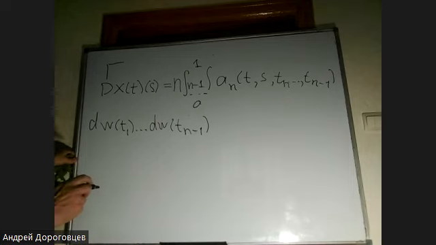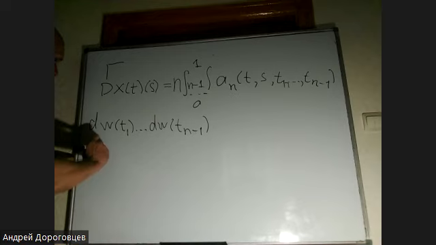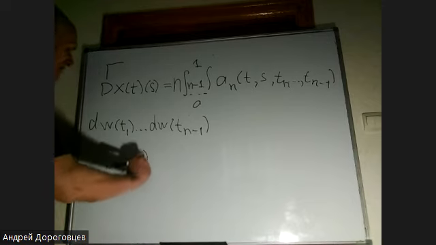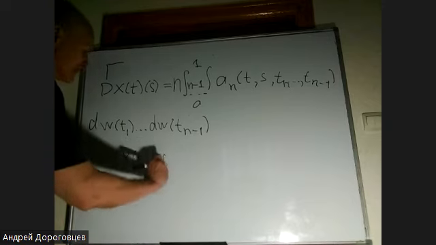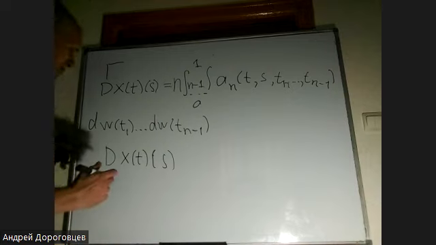So when we have dx_t(s), I want to multiply the square of this operator.